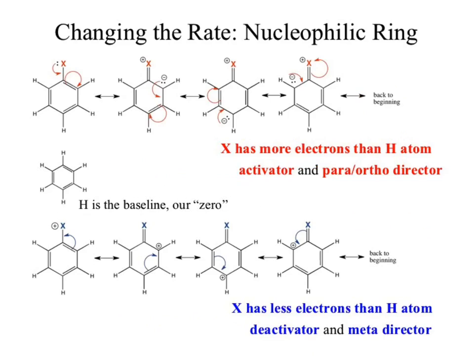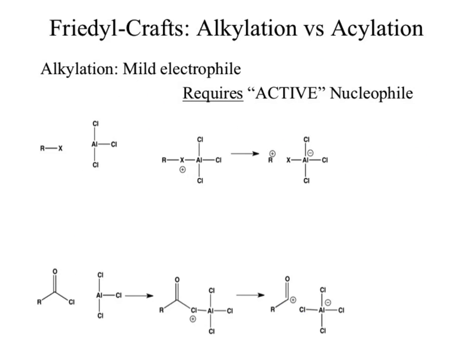So, with that, we've got all our fun resonance with those answers. We could then address some of the other issues. Our Friedel-Crafts alkylation, remember, required an active nucleophile. Because of that, if I use a deactivated ring, say like the chlorobenzene, I cannot add an alkyl group through the Friedel-Crafts alkylation.